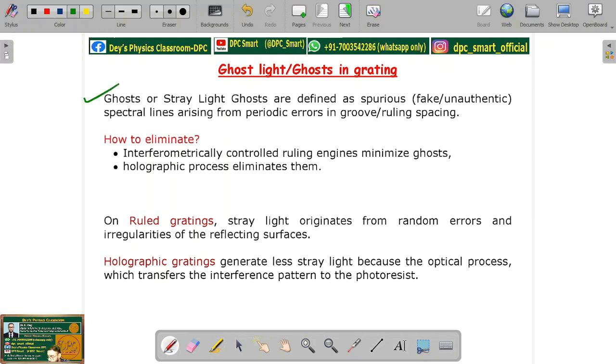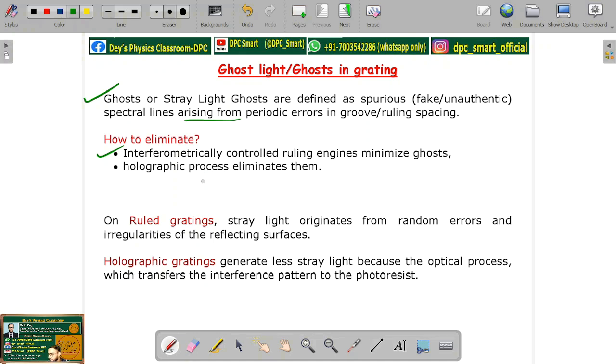Ghost spectrum or ghost lines in grating are defined as spurious, that means fake or unauthentic, spectral lines that arise from the periodic errors in grooving or rulings in grating. Now, how to eliminate those? Those ghost lines or ghost spectrum can be eliminated if interferometrically controlled ruling engines are used to draw the grooving or rulings in the grating, then they can be reduced.